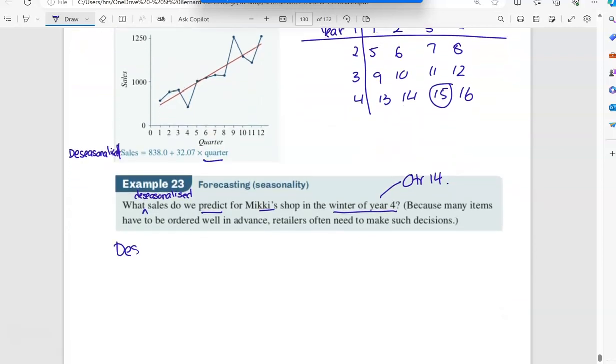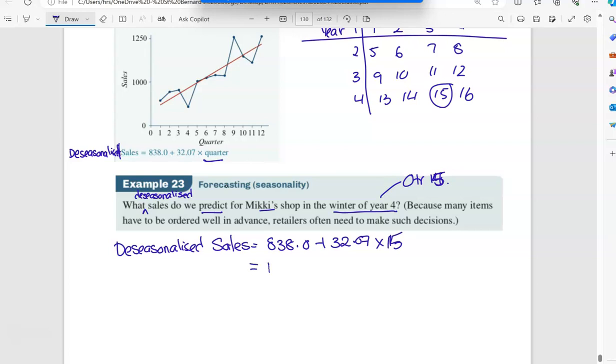So we're going to say the deseasonalized sales is 838.0 plus. So I'm just using the formula they gave me. And then I have to pick the quarter, which was 15, sorry. Did I say quarter 15? I'm sorry. 15. I said 14, but I should say 15.